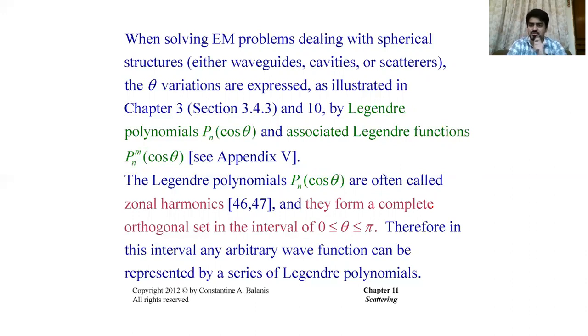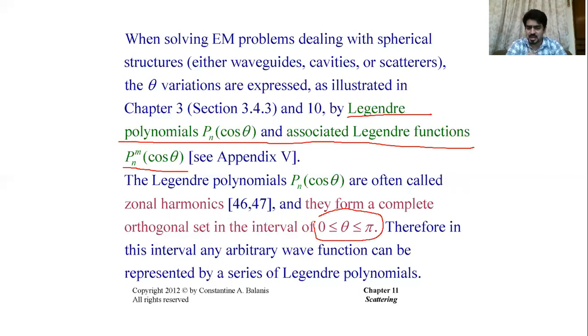Those Legendre polynomials Pn of cosine theta and associated Legendre functions Pnm of cosine theta create a set of orthogonal functions in the range theta equals 0 to pi.